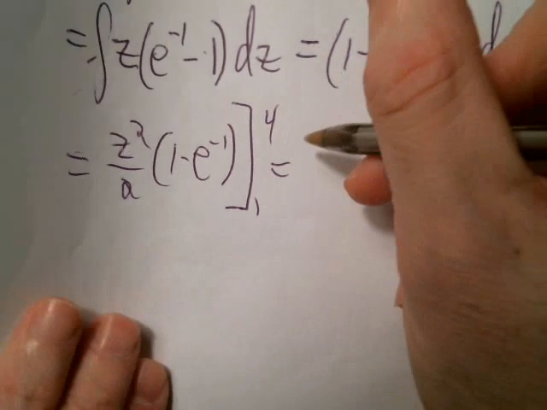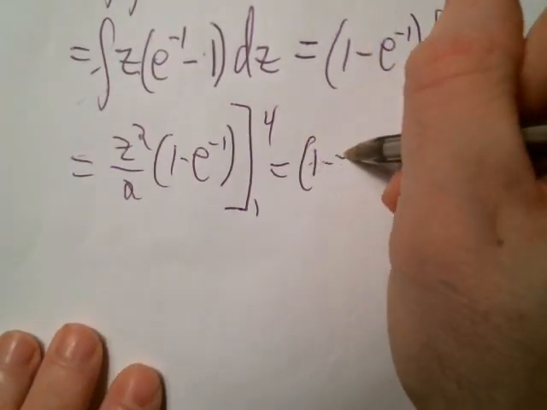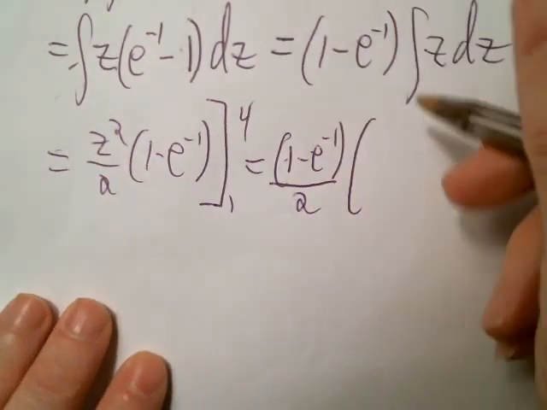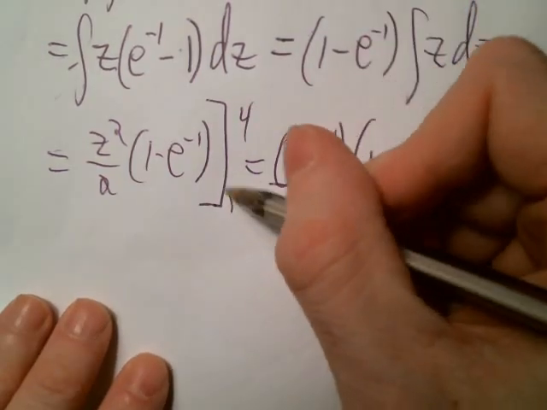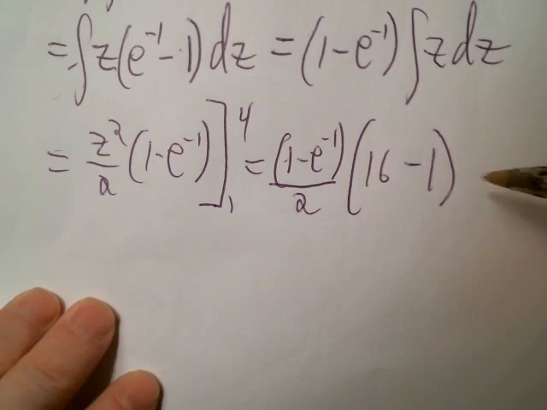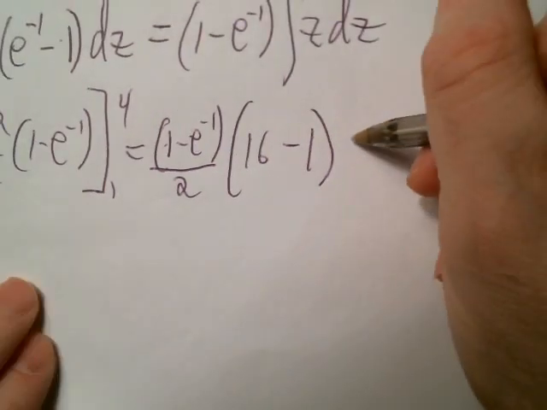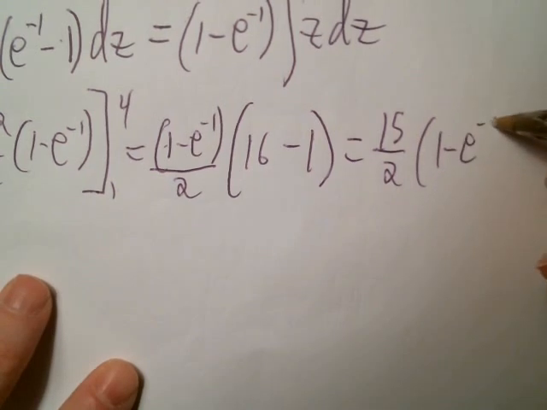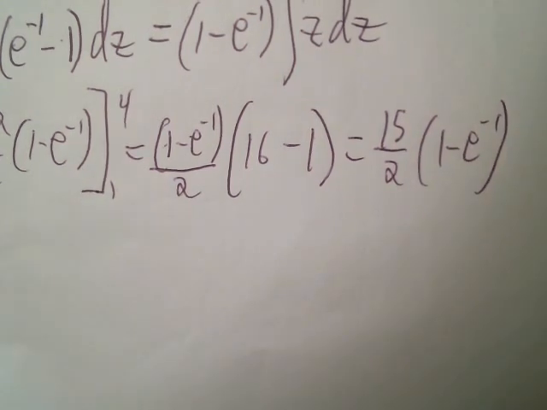Okay, so then I have 1 minus e to the negative 1 all over 2. And plugging in 4 for z squared is 16. Plugging in 1 for z squared is just 1. So I'm going to be left with 15 halves on the outside times 1 minus e to the negative 1. And you just leave your answer like that. That's good enough.